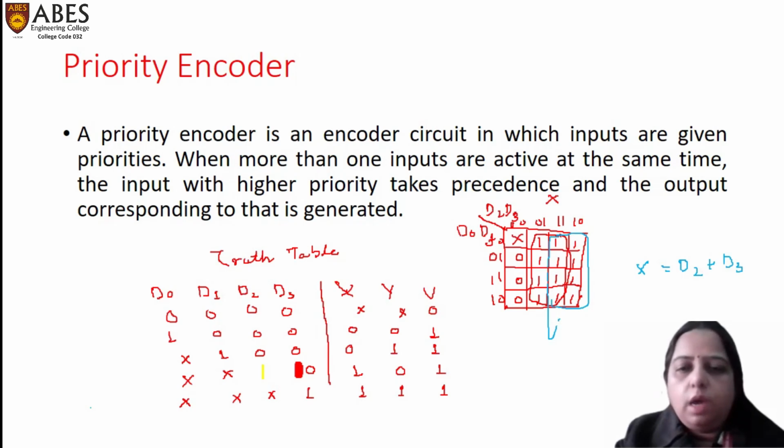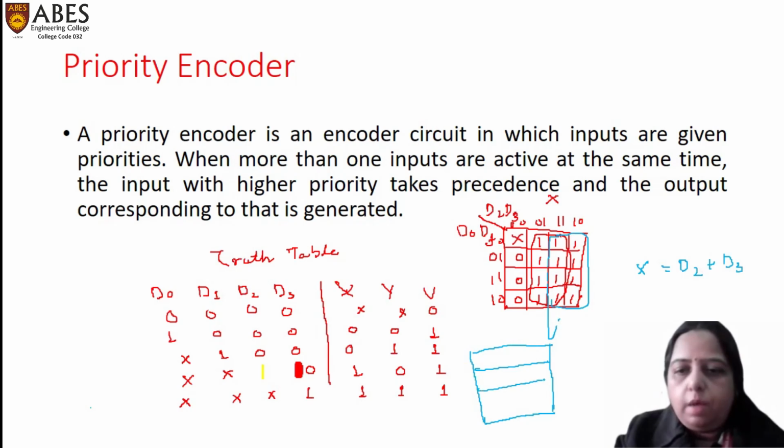Similarly, we can draw the K-map for Y and V. So for Y, this would be the K-map.